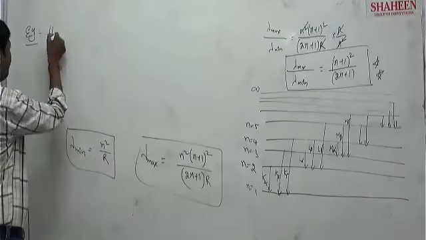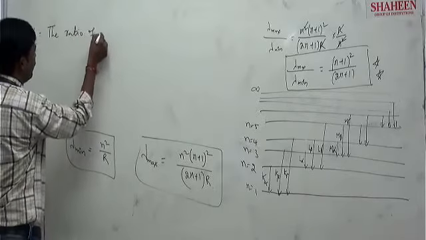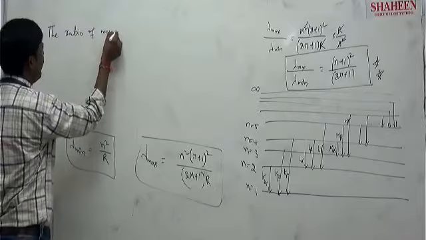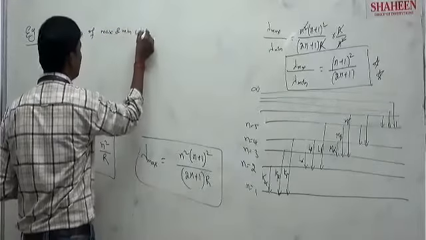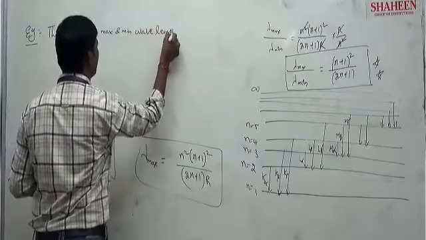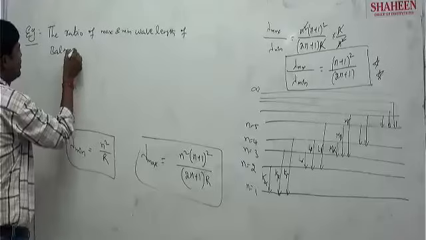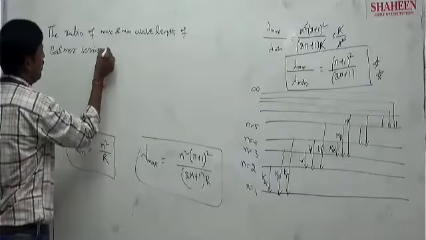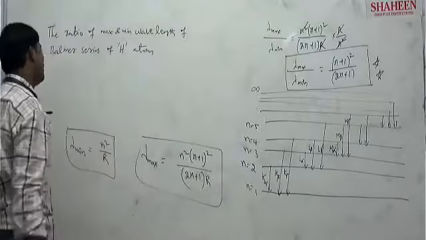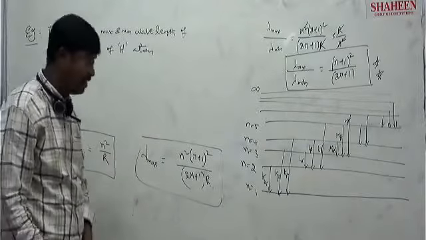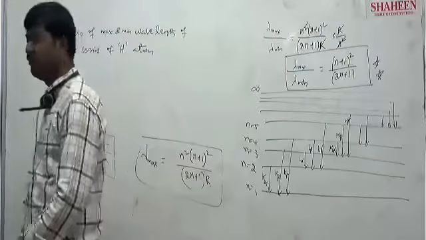The ratio of maximum and minimum wavelength of Balmer series of H atom. In Balmer series of H atom, what is the maximum and minimum wavelength ratio we need to calculate?